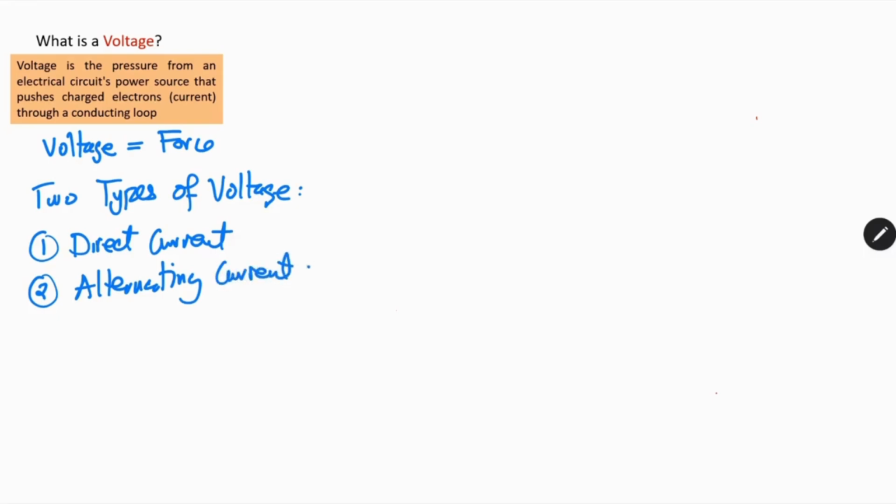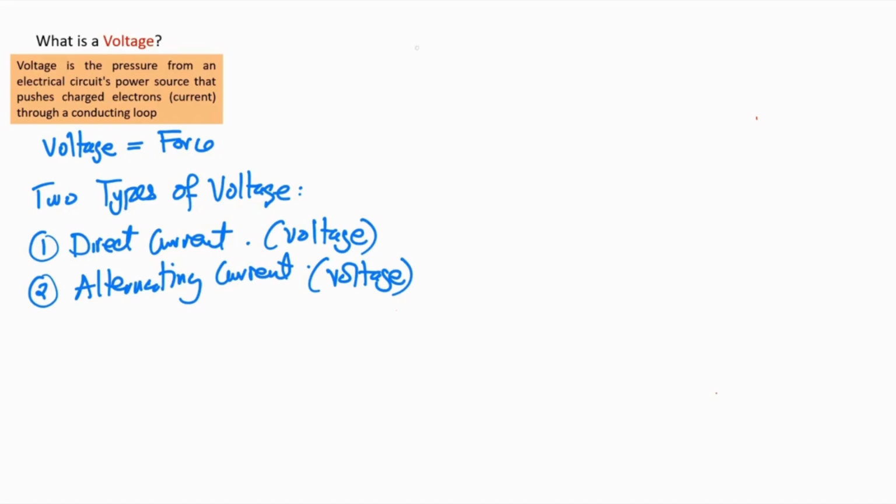So in some other definitions, direct current can also be known as direct voltage and alternating voltage. So those are the two types of voltages that we have. So now we can look at where we can find those types of voltages.